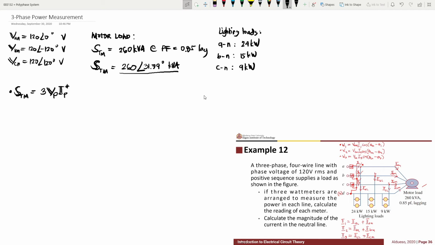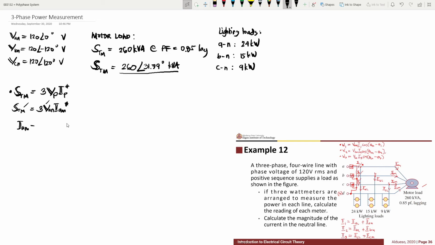Since we can treat a balanced three-phase motor as a balanced Y load, so this will become the phase voltage VAN times the conjugate of the current IAM. So we have this value, we can now get IAM.